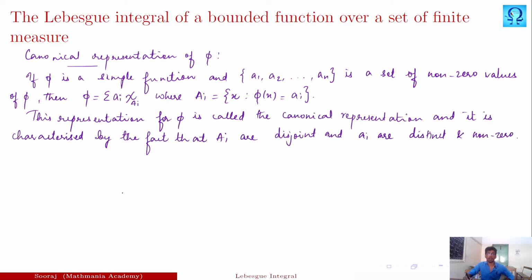So this is about the canonical representation of the simple function phi.